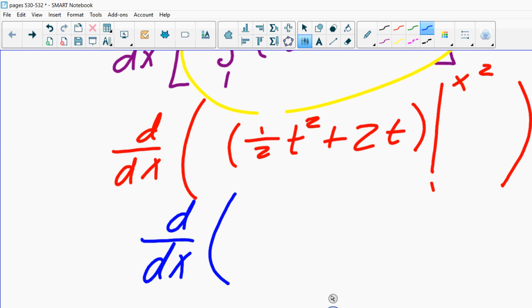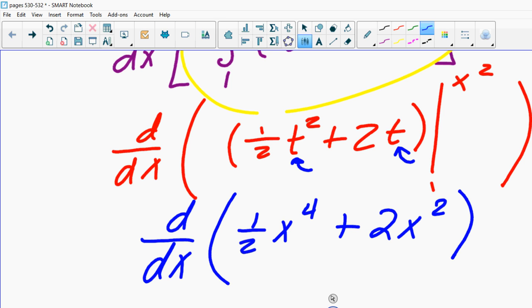I'm going to substitute everywhere I see a t. What am I going to put in its place? X squared. So I put an x squared in here for t. What's that going to become? X to the 4th. So that's going to become, yes, plus what am I substituting in here for t? X squared. So help me out. 2x squared. Yep.